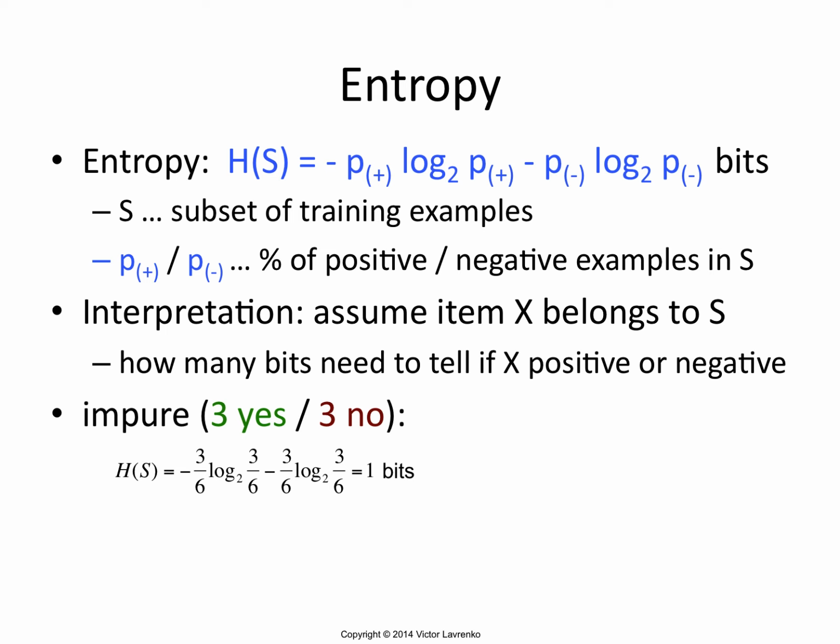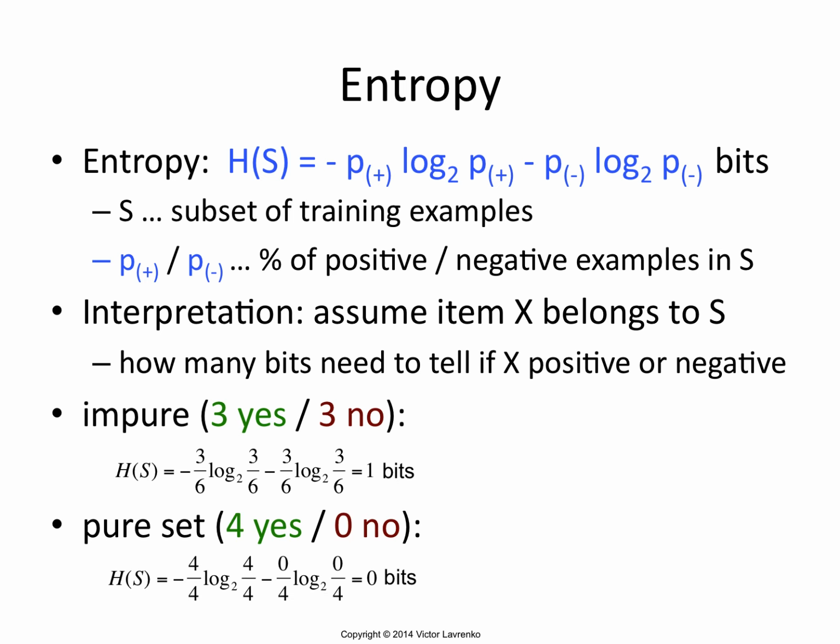It's the power to which you need to raise 2 to get 1/2, and it's -1. So you have -1 here, you have -1 here. You average them, you still get -1, and then you take the minus sign in the end, and you end up with a 1. So you need 1 bit to tell whether an item in a completely 50-50 subset is positive or negative.